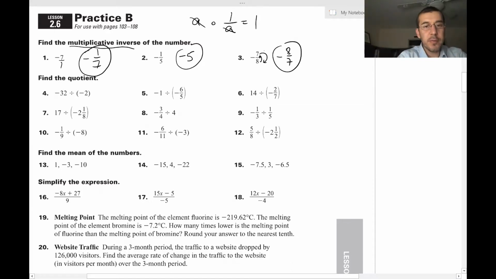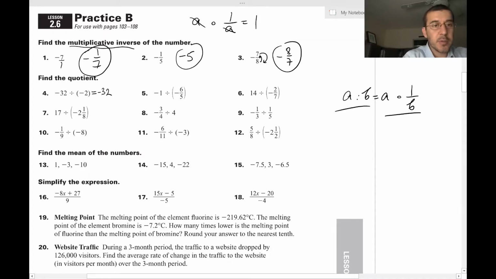Find the quotient, 4 through 12. For 4, we have -32 divided by -2. Now, multiplicative inverse, right? When we have A divided by B, this is the same as A multiplied by the multiplicative inverse of B. So that's what we're going to do here.